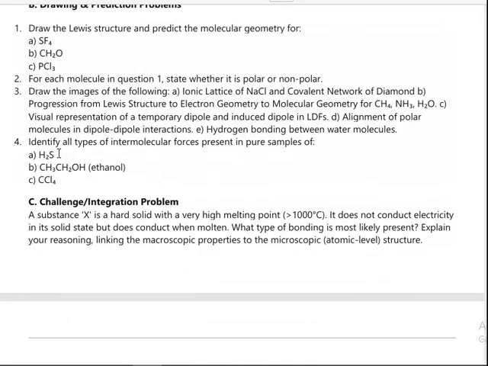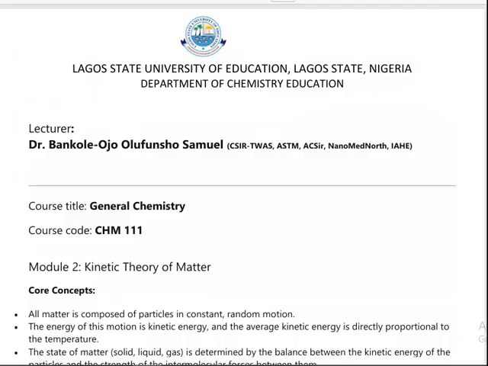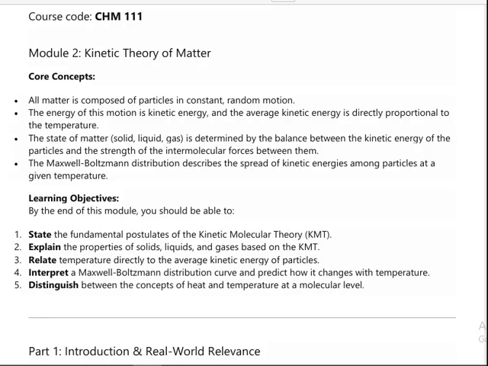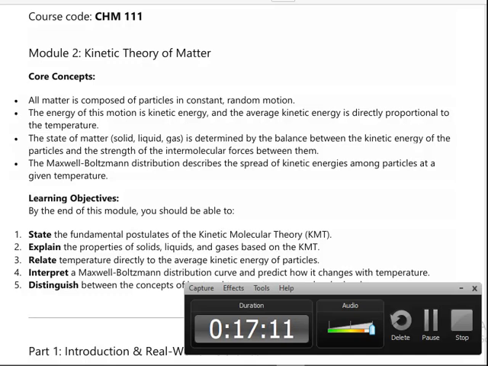Now we move to the second module. We will look at the kinetic theory of matter. Here we'll be looking at some core concepts. One, all matter is composed of particles in constant random motion.